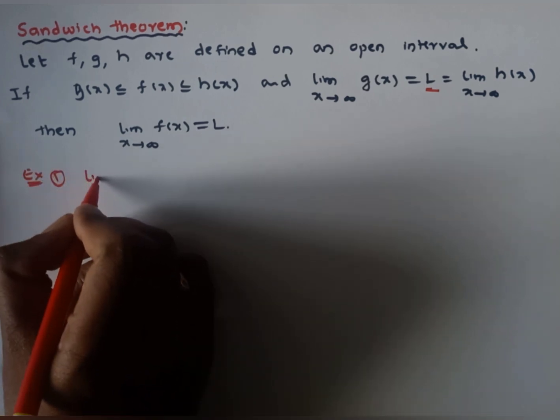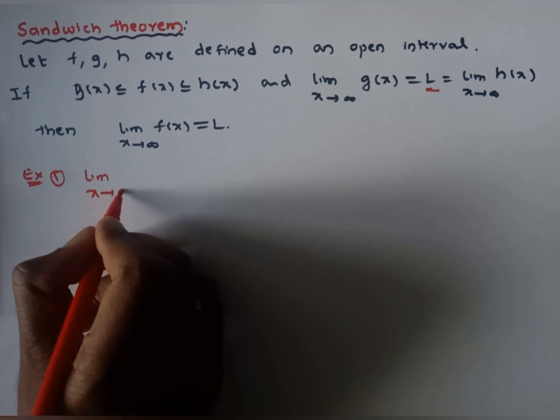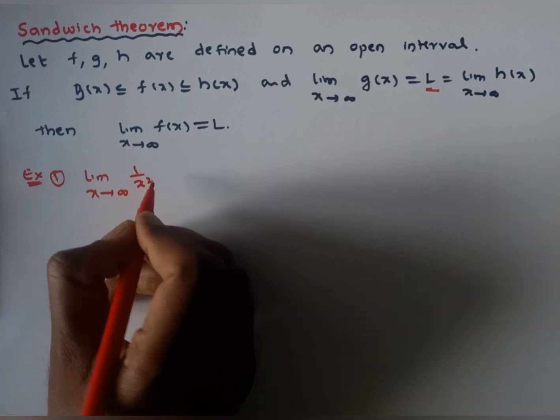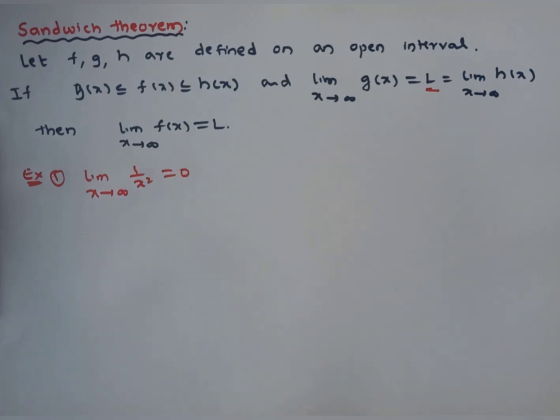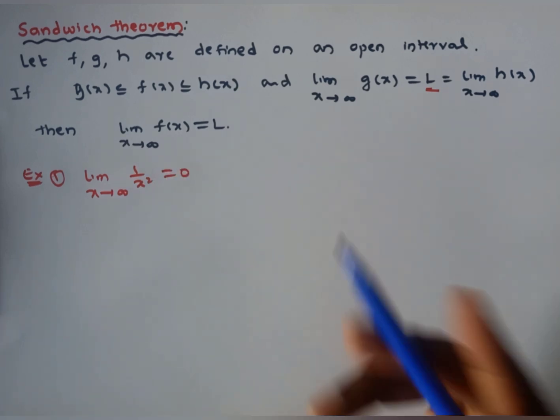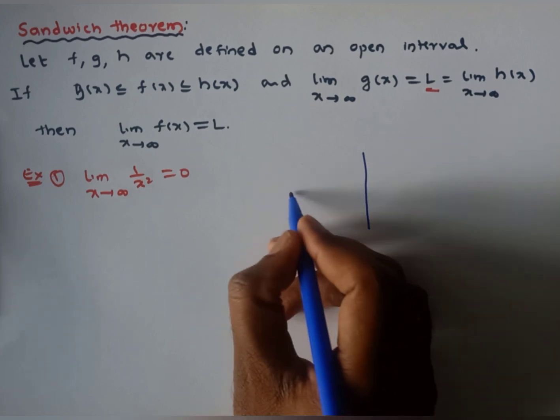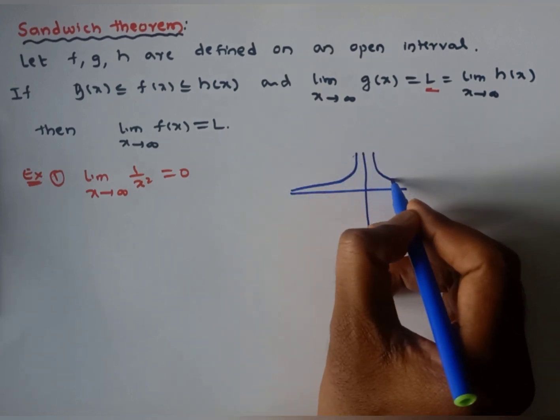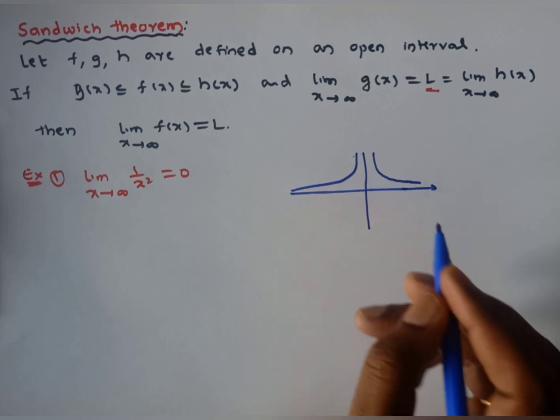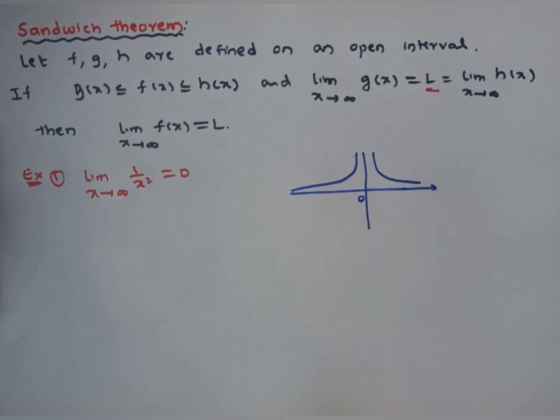Number one, limit x tends to infinity of 1/x square. Earlier I said pi by x square, so directly it is 0. Let us see the graph of 1/x square. The graph will be like this, roughly drawn.